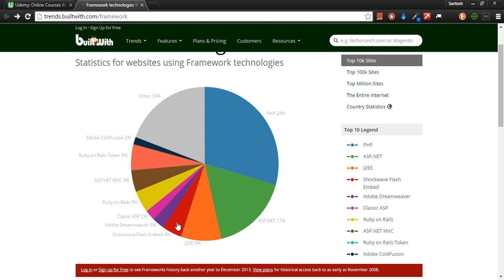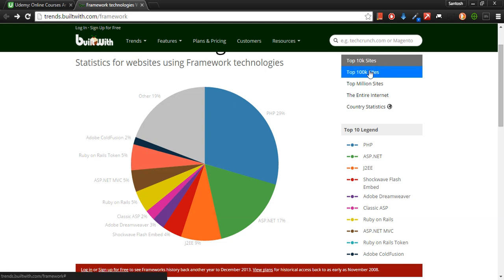Shockwave Flash, 4%, Adobe, 3%, Classic ASP, 2%, ROR, 5%, ROR token again 5%, Cold Fusion about 2%, and a few other unknown languages about 19%.